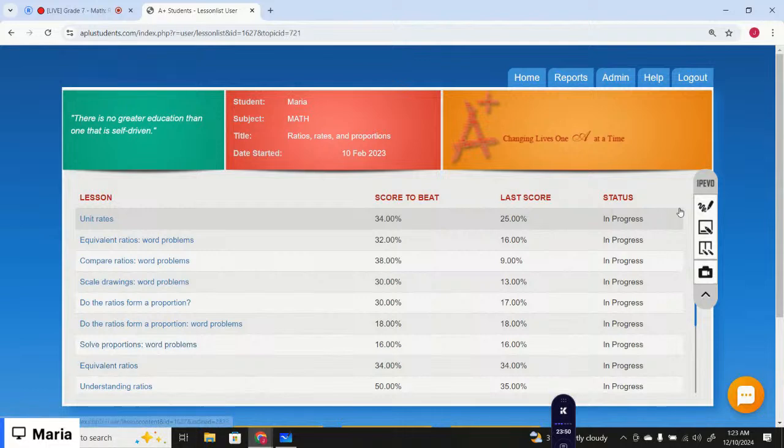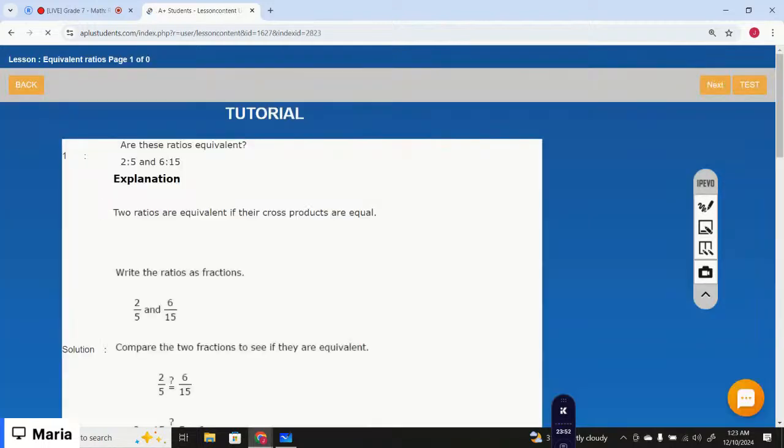The next lesson is equivalent ratios. Are these ratios equivalent? The ratios you are given are 2 to 5 and 6 to 12.